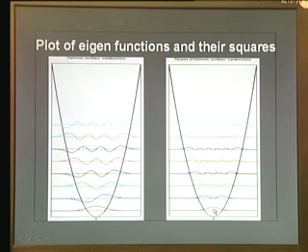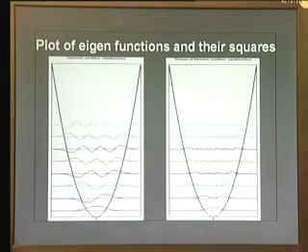These are all the various quantum numbers: n equal to 0, n equal to 1, 2, 3, etc. And what you have is psi naught squared, psi 1 squared, psi 2 squared, and so on, and the number of nodes, that is the number of places where the function goes to 0, is the n value. If n is 1, there is 1 node; if n is 2, there are 2 nodes; n is 3, there are 3 nodes, and so on.